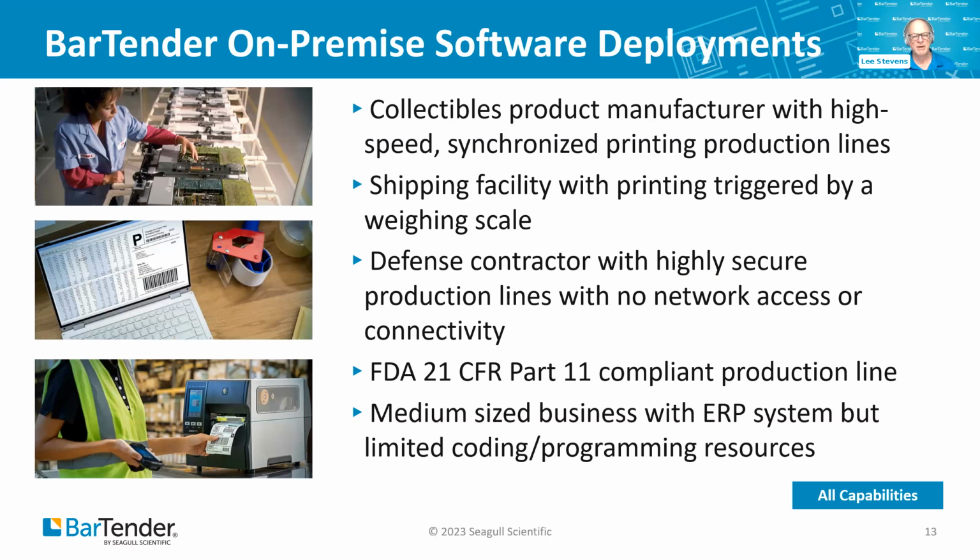So the thing about 21 CFR Part 11 and the European equivalent of Annex 11, and then other equivalents around the globe, is they want to have a lot of record keeping, a lot of logging. And that tends to be handled best, again, by a premise system where you've got the security for the logs, you've got the ability to store and keep them, as well as having that good, tight communications with the actual printing engines that are working.